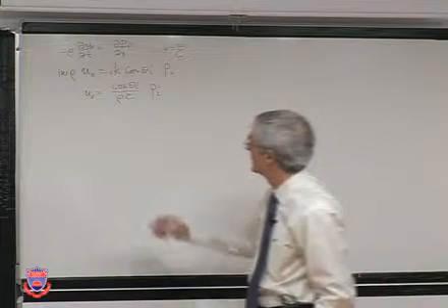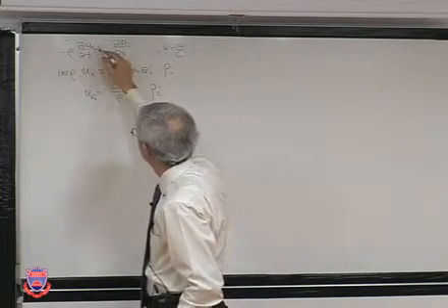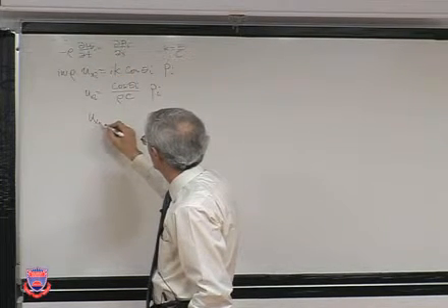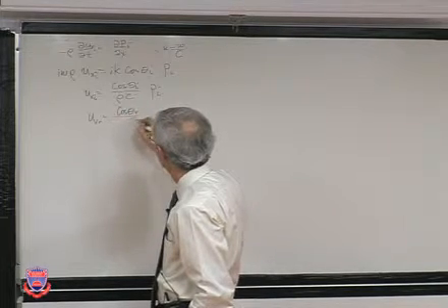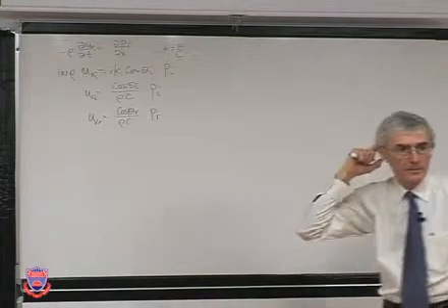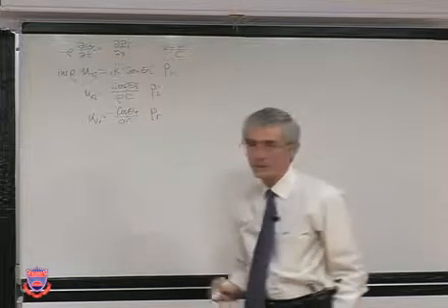Similarly, you can find u x r as cosine theta r over rho c times p r, except that there will be a negative sign here.